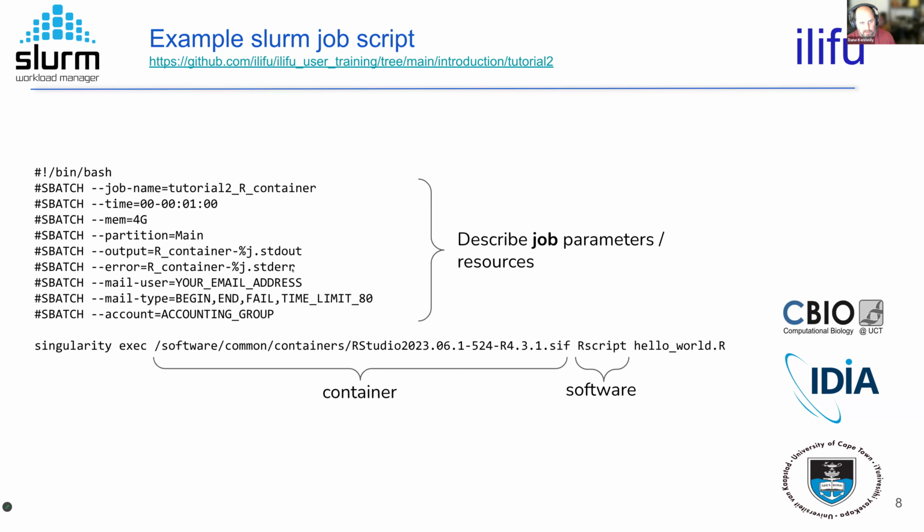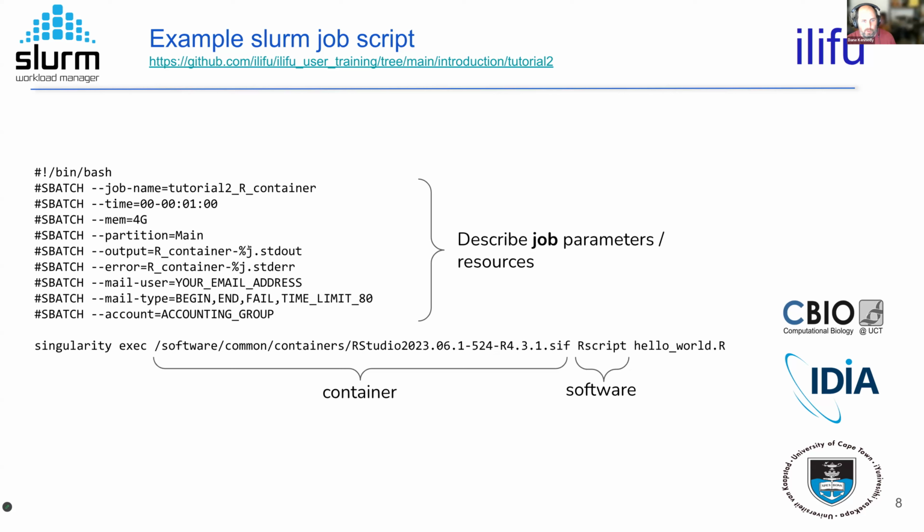And explicitly setting these file names is useful because it lets you easily see where the expected output is, and if anything went wrong, it'll normally populate this file. This %j is something that Slurm will interpret, and it just says substitute in the job ID.